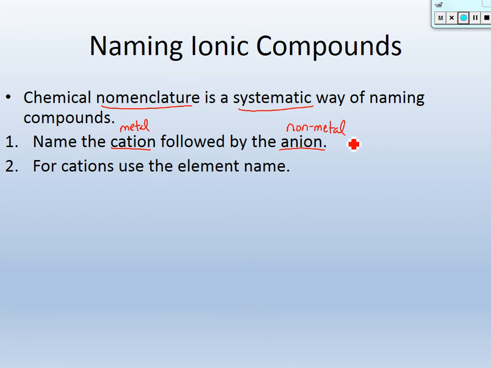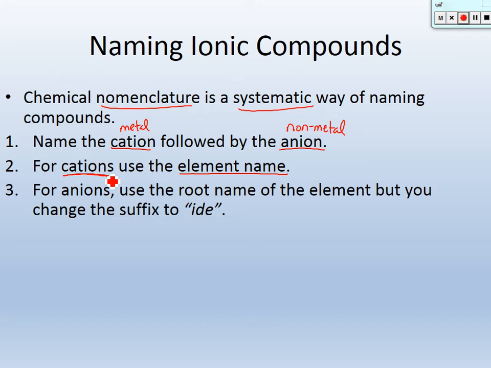Rule number 2, for cations, use the element name. So for cations, you just keep whatever its name is, look it up on the periodic table. So for example, if it's Na, what are you going to name it? Sodium. And you don't change it. So you don't change the name of the cation. Just leave it the same.